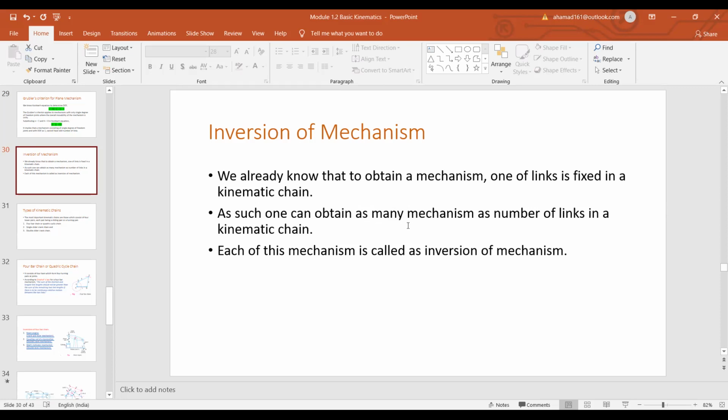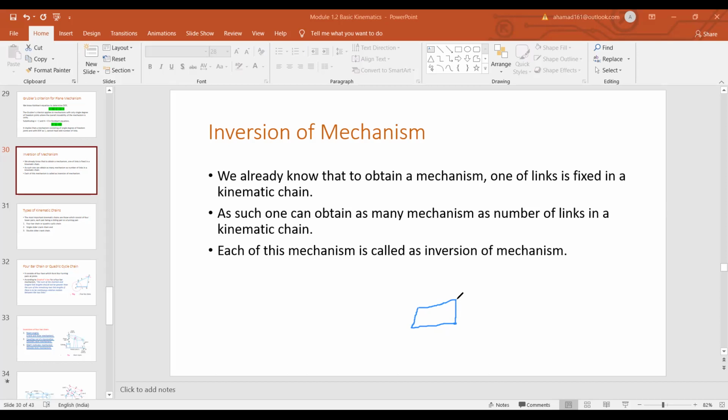So for example, suppose this is one kinematic chain. Four rods are there like this, and they are connected together. The connection between two rods is by a pin joint or a turning joint.